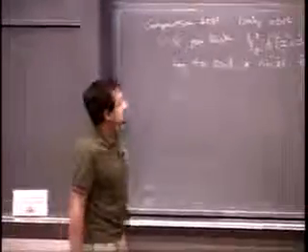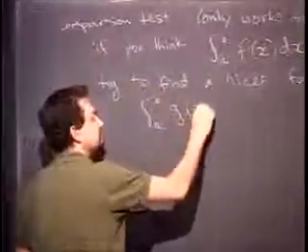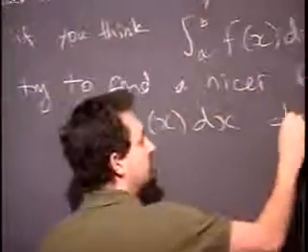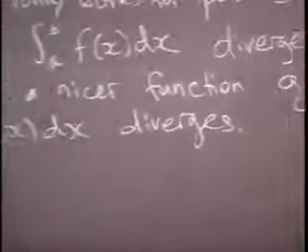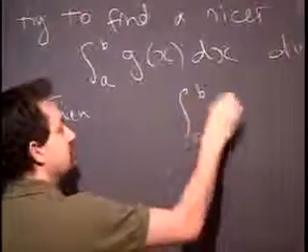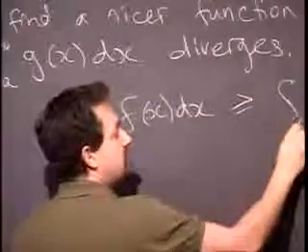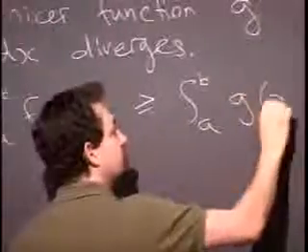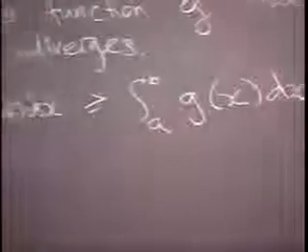Try to find a nicer function g such that the integral of g diverges. So you're comparing it to g. Then the idea is the integral that you want, which is hard to deal with, is bigger than or equal to the new integral, which should be easier to deal with if you picked g properly.